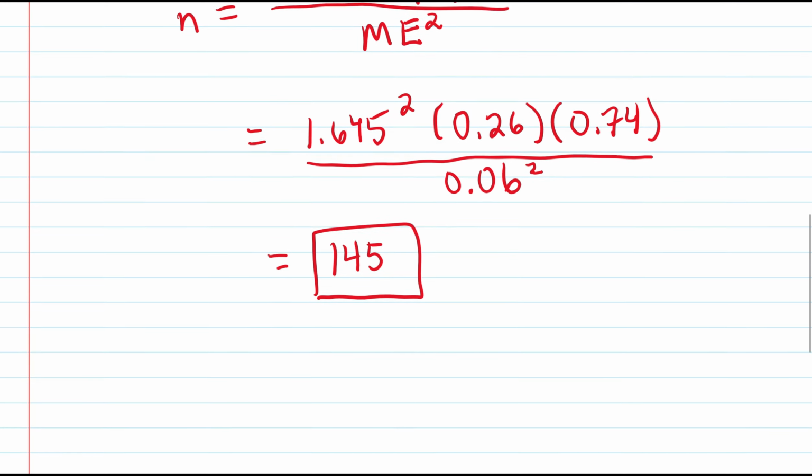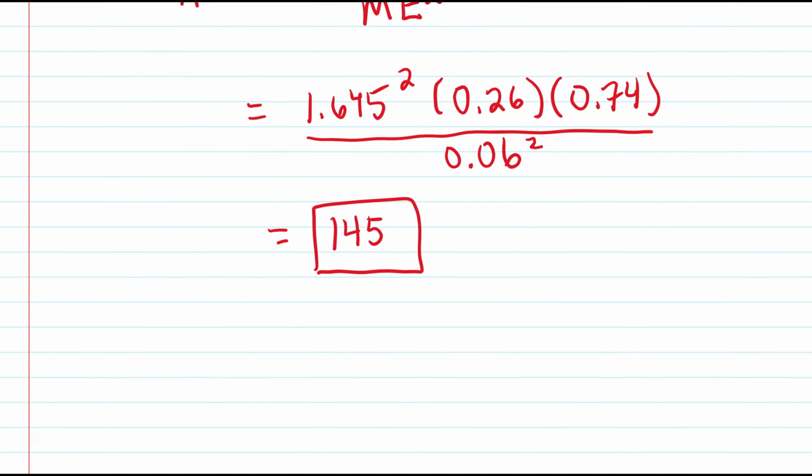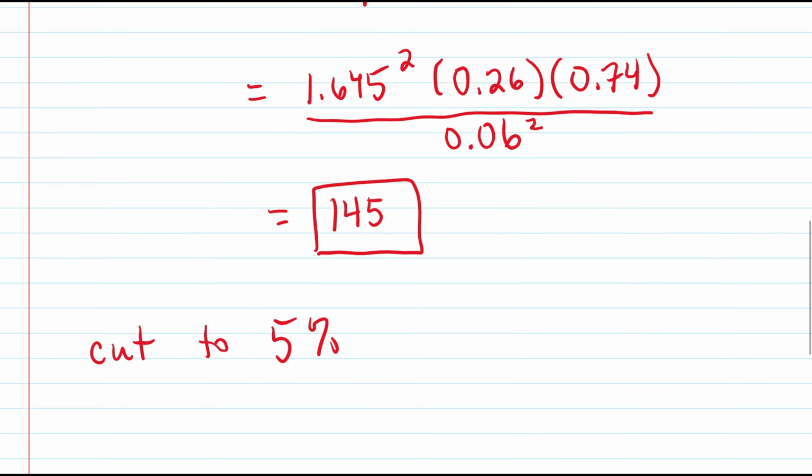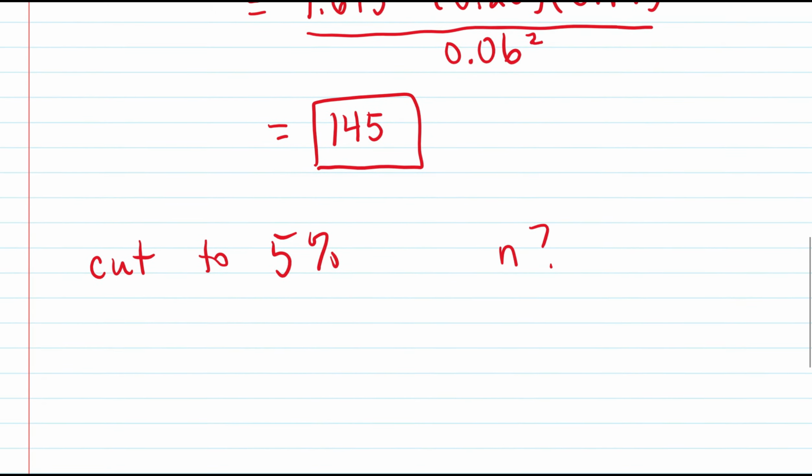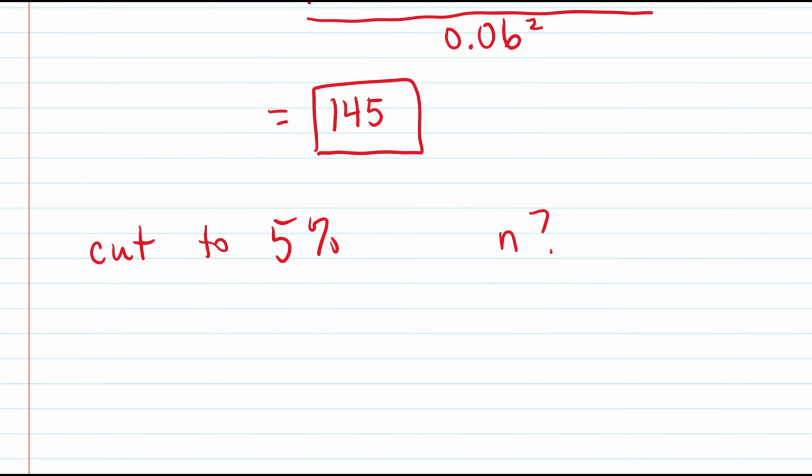Now moving on to part B. If you rewind back, you'll see the questions. But part B's question was, let's suppose we want to cut the margin of error to 5%. Cut it to 5%, that margin of error. So what is the necessary sample size here? So to decrease that margin of error to 5%, then what we need to do is go ahead and make that quick change to the formula.